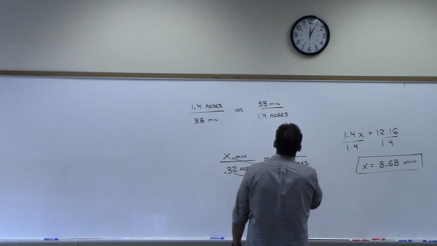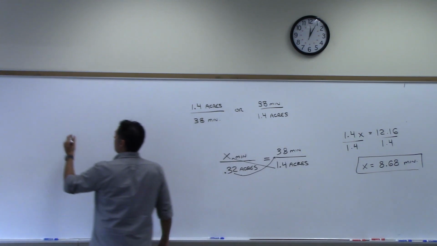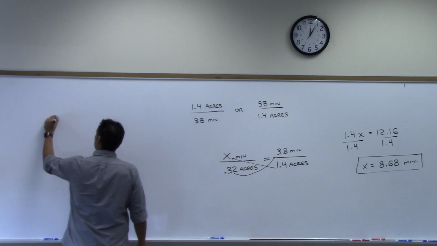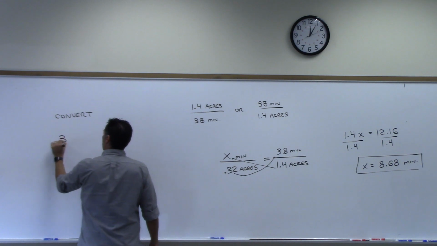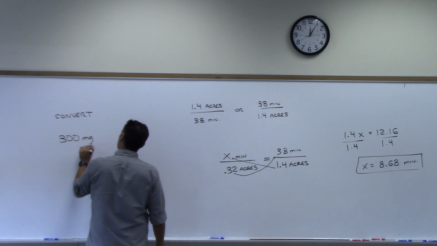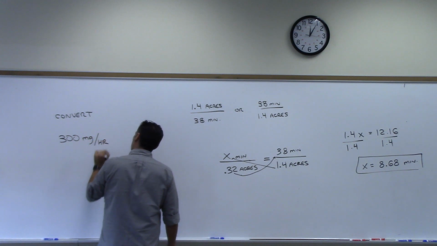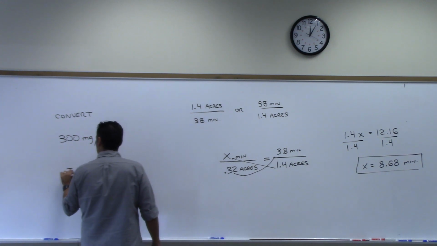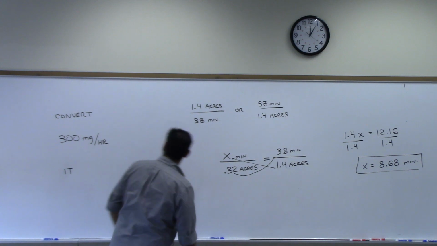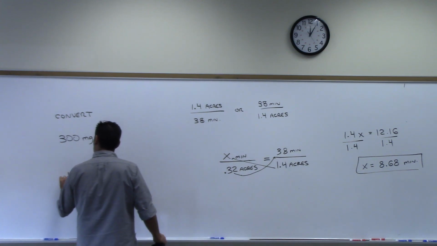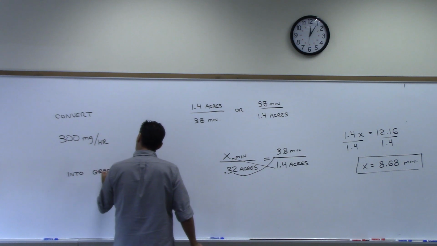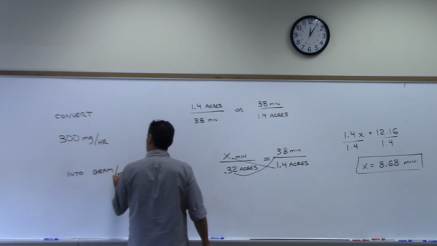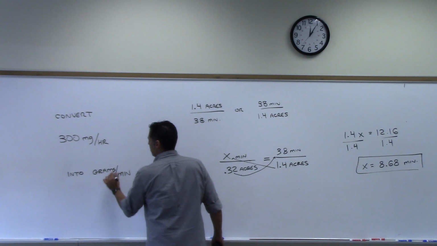How about if I tell you to convert 300 milligrams per hour into grams per minute. Grams per minute.